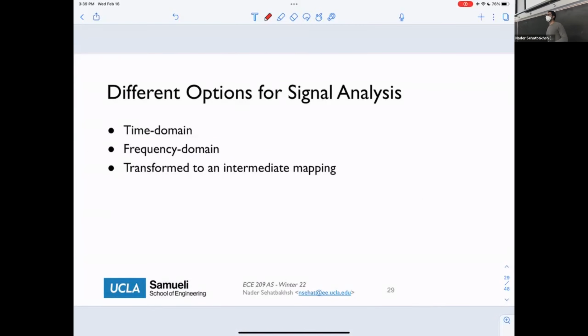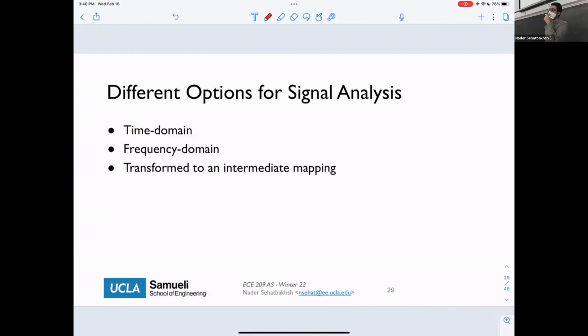Then, when we are creating our template and doing our signal analysis, what are the options? Typically, we have 3 different options. We can collect signals in the time domain, so our sensor becomes basically this equipment set, collecting IQ samples or time domain samples. We can equally look at the frequency domain signals.